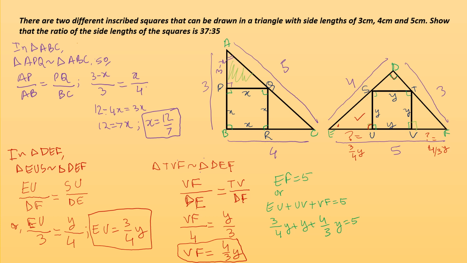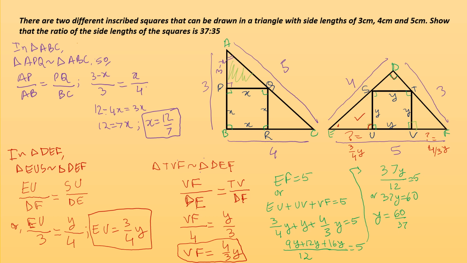From here I can see that the denominator is 12, since 4 times 3 is 12, so I get 9Y plus 12Y plus 16Y, which is 37Y out of 12 equals 5. 37Y equals 60. That gives me Y equals 60 out of 37.